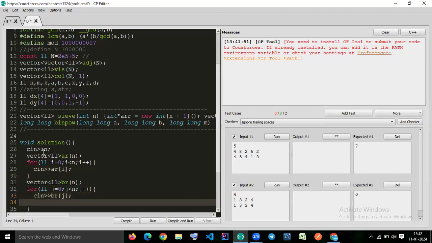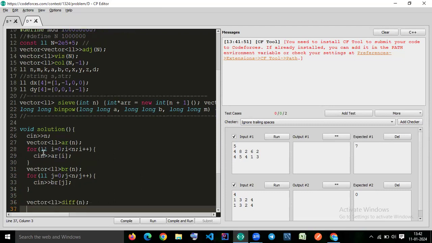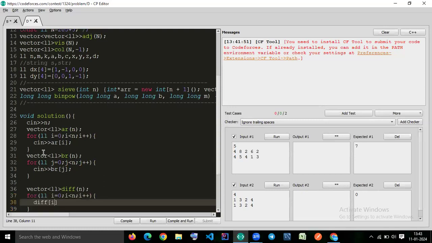We want to find the difference, so vector long long diff of n, and diff of i is equal to array of i minus BR of i.